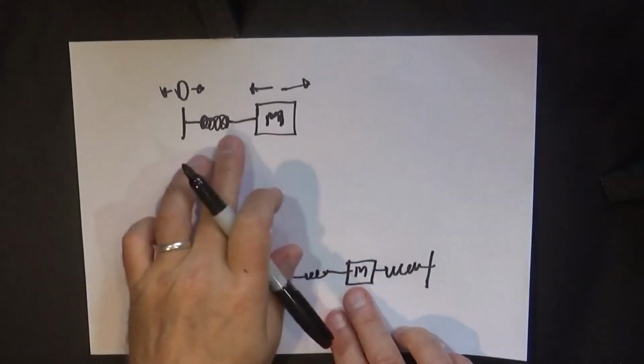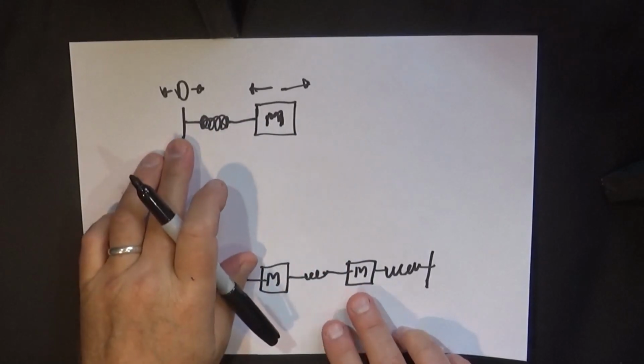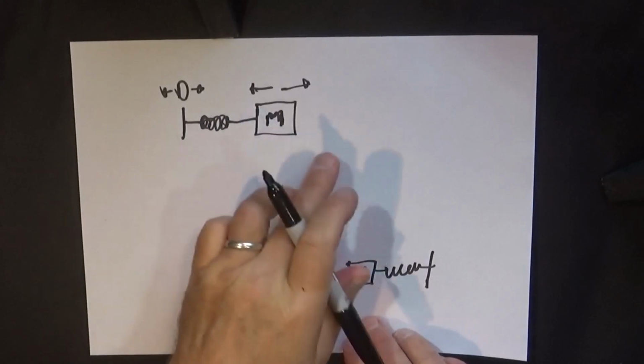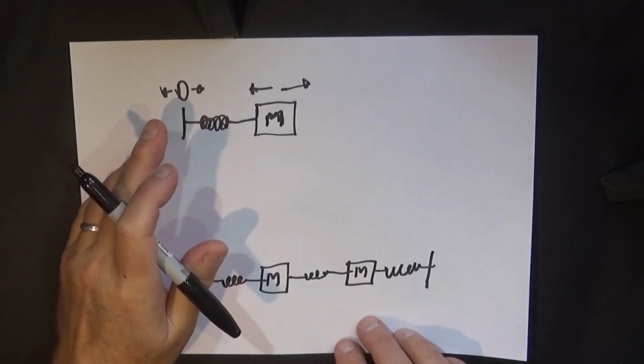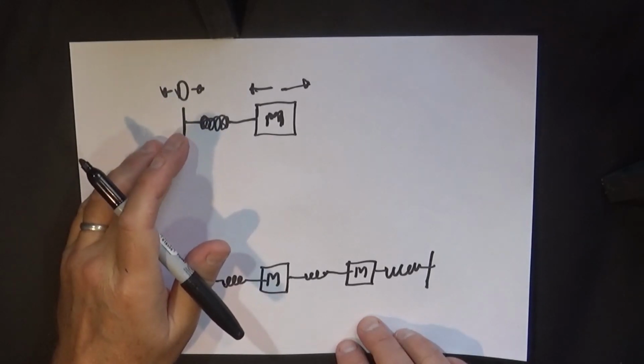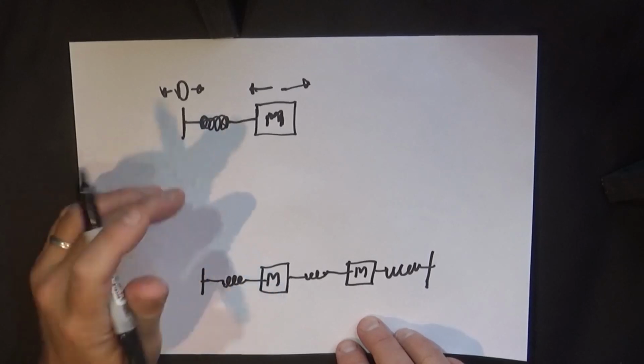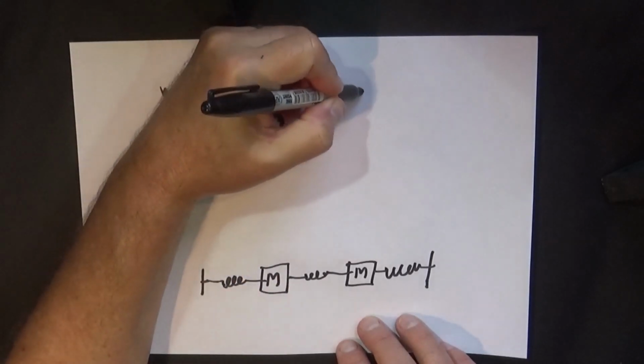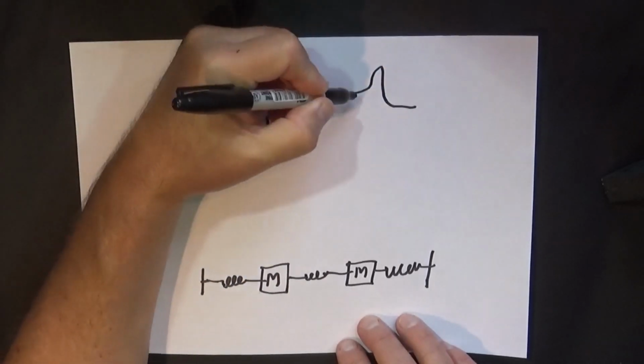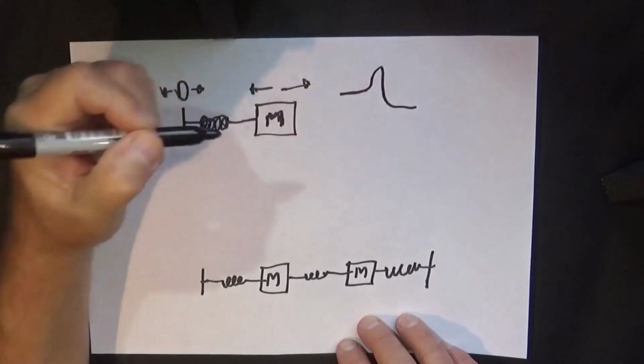This has one resonance. So if we drive this at the right frequency, this will have a very big output, tailing off at all other frequencies. In fact, the frequency response is like that, essentially a resonant filter.